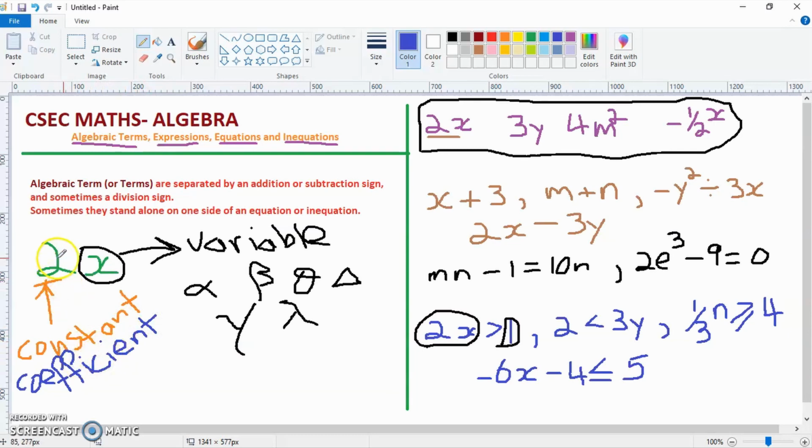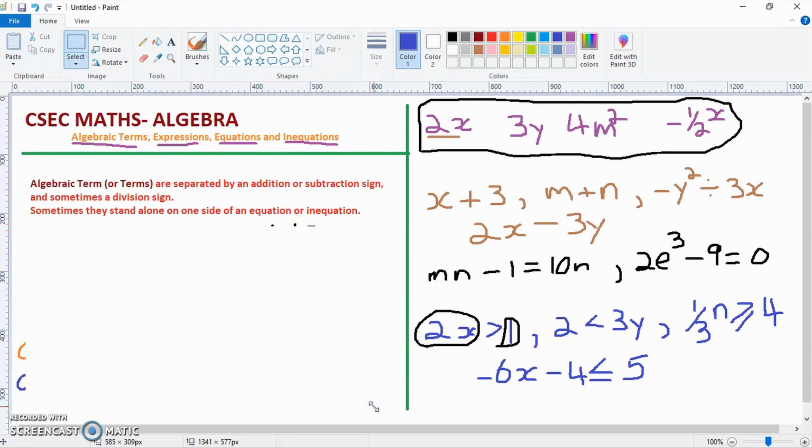The coefficient is like an adjective that further defines the variable. So it's not just one x we have here, but we have two x's. Great. So let me just delete all that.